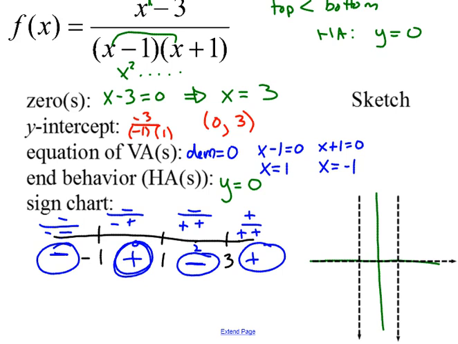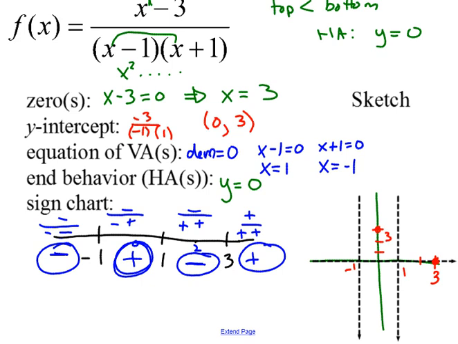Okay, so let's just label that. That's negative 1, that's positive 1. y equals 0 is my horizontal. My zero is going to happen at 3, so 1, 2, 3. Put a 3 there, put a dot.